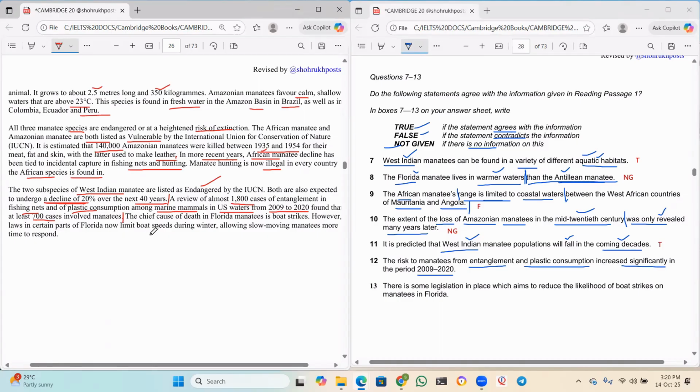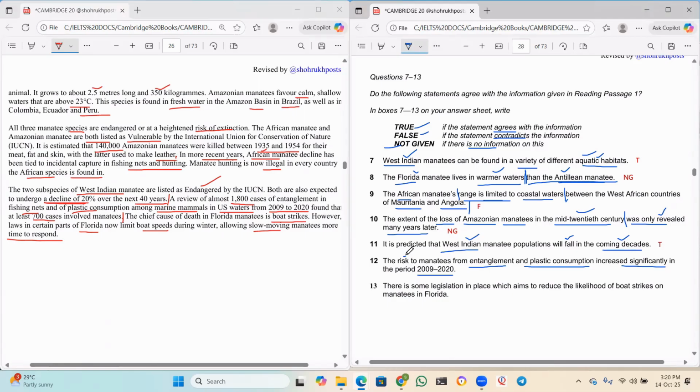The chief cause of death in Florida manatees is boat strikes. However, laws in certain parts of Florida now limit the boat speeds during winter, allowing slow moving manatees more time to respond. Now, what is the question?